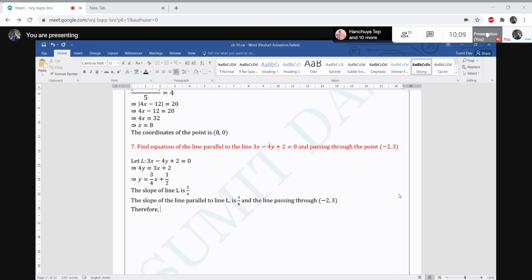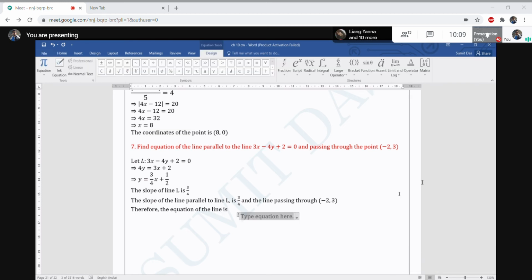Therefore the equation of the line, we'll use the point slope form. What is the point slope form?